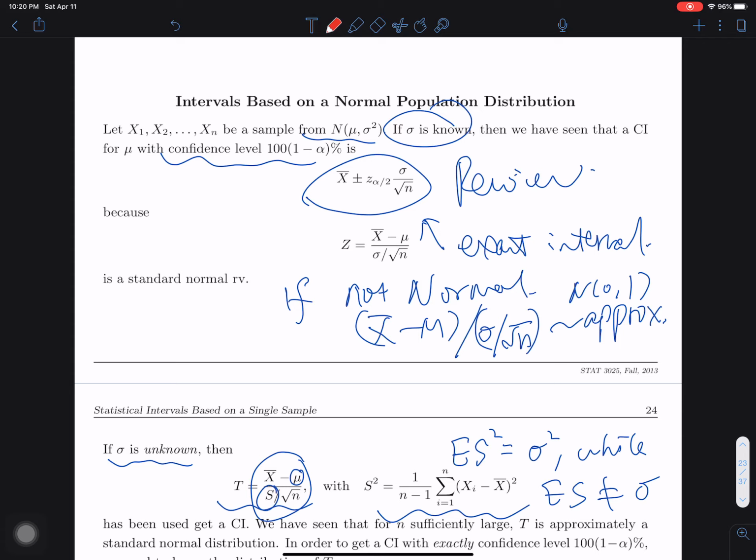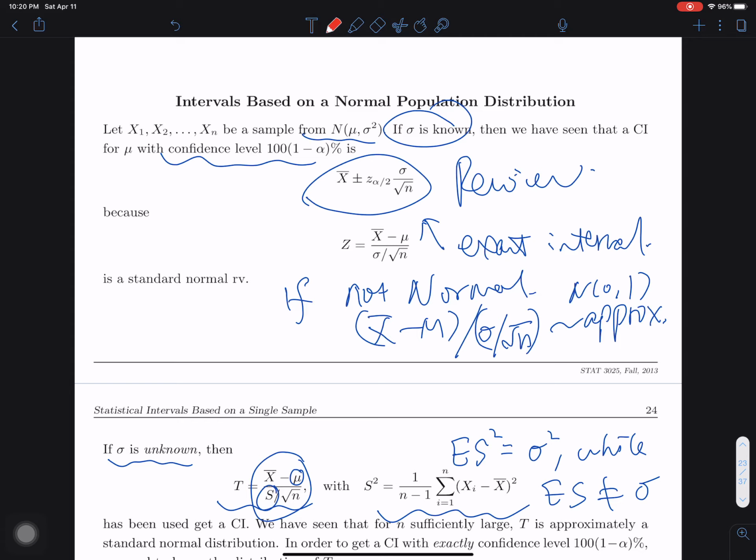And now we talk about intervals based on a normal population distribution. Before, we know that even if the population is not normal, we can still use the central limit theorem to derive a confidence interval, right? However, that confidence interval will be approximate.